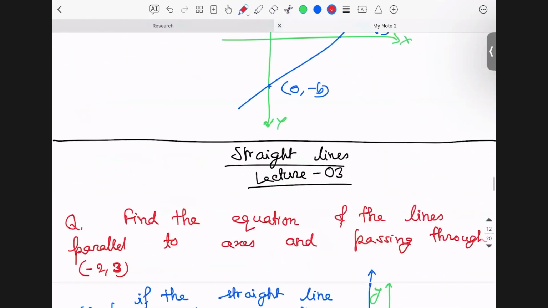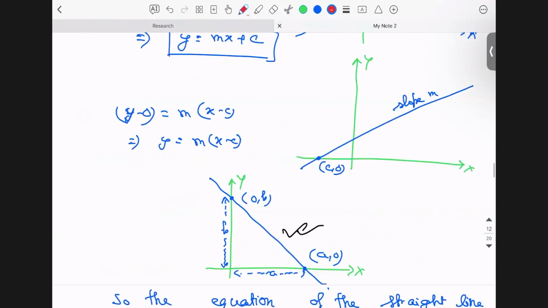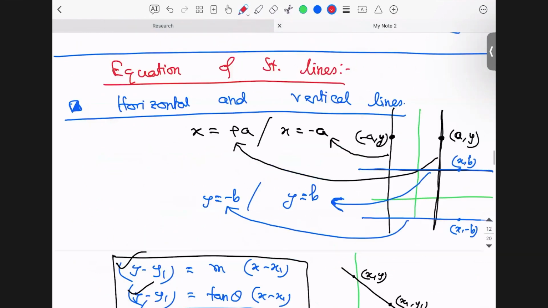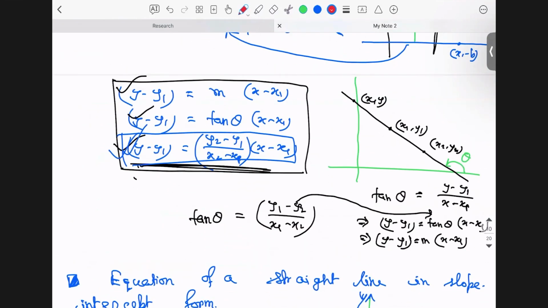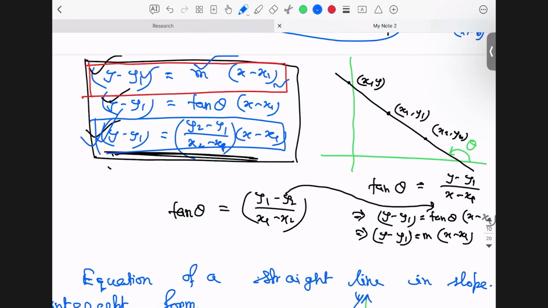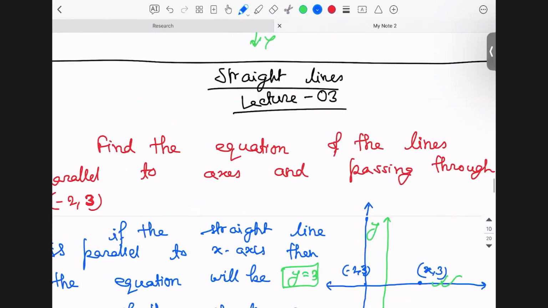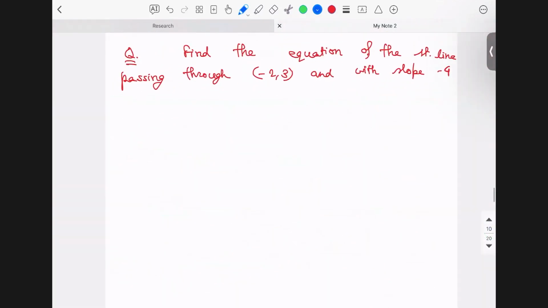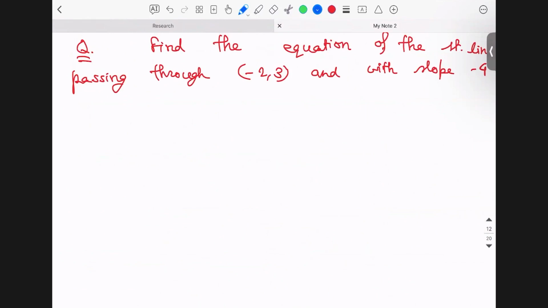For that, we will go back to our equation of the straight line. Here we will use this equation. Why this equation? Because we know m, and we know x1 and y1. If I put x1, y1, and m in that equation, we will find the equation of the straight line.